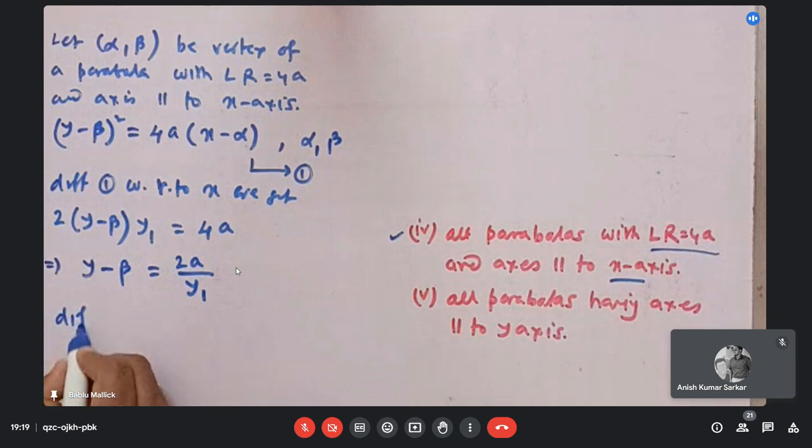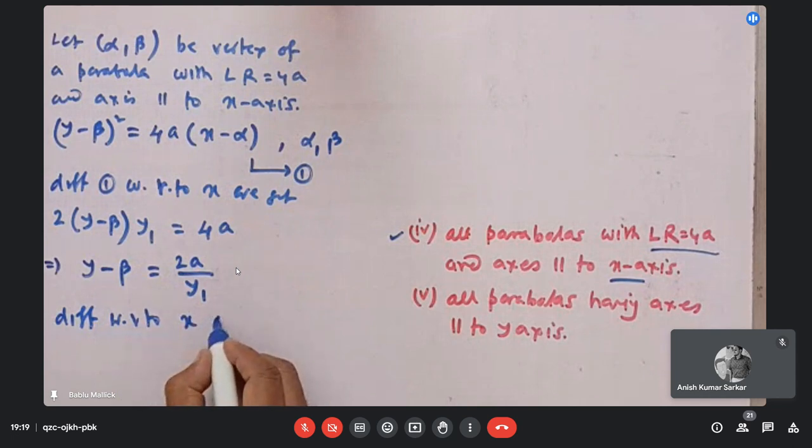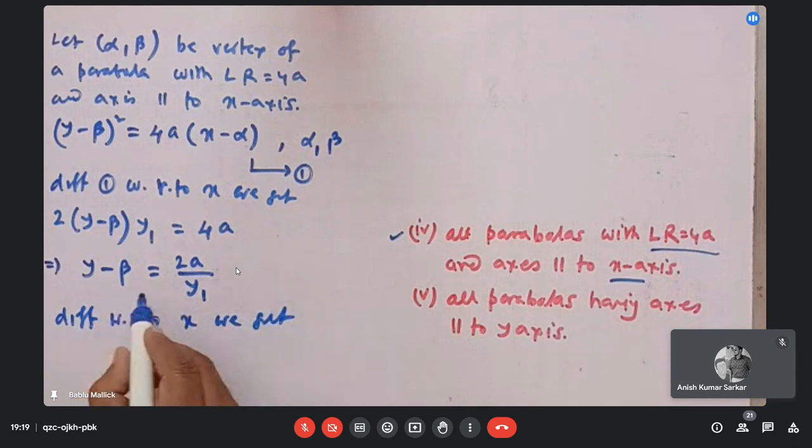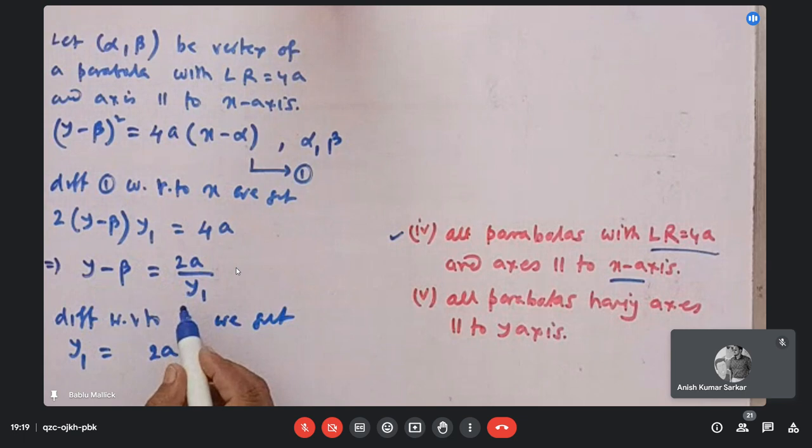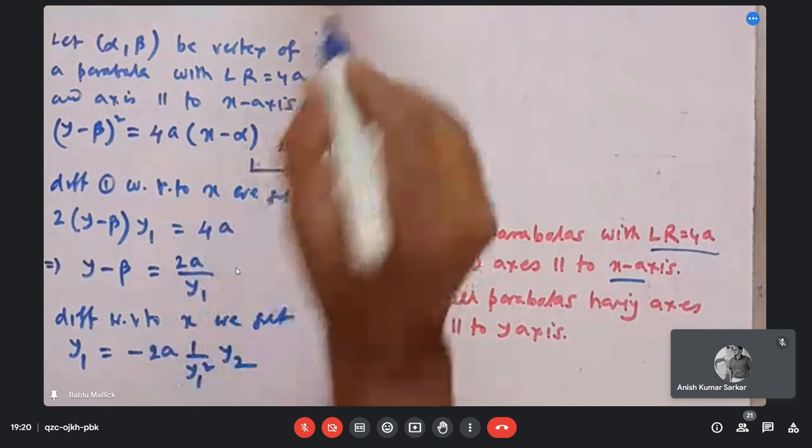Differentiating with respect to x we get y1 is equal to twice a into the derivative of 1 by y1, which is minus 1 by y1 square into y2.